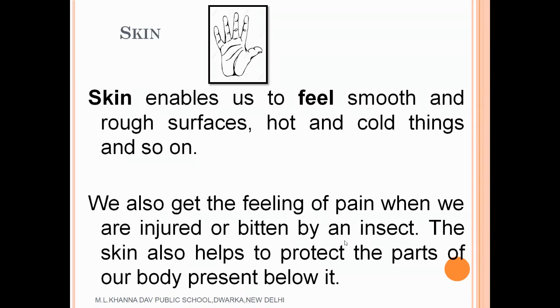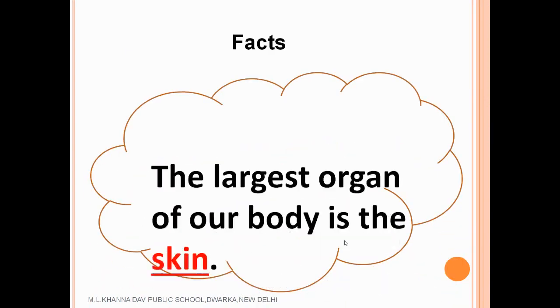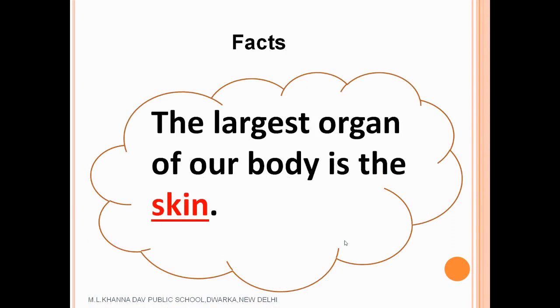So skin enables us to feel smooth and rough surfaces, hot and cold things, and so on. We also get the feeling of pain when we are injured or bitten by an insect. The skin also helps to protect the parts of our body present below it. Again, do you know the fact about skin? Skin is the largest organ in our body.